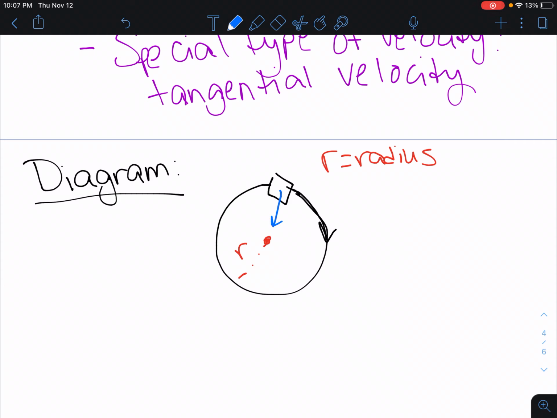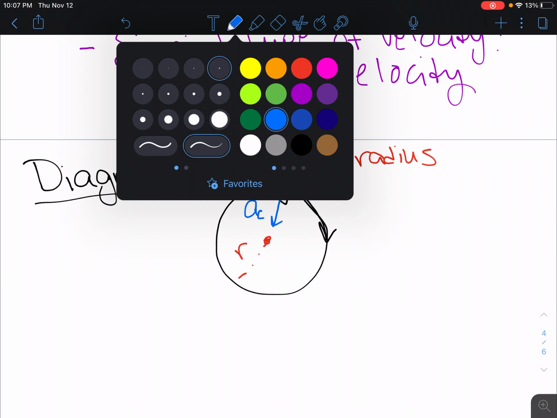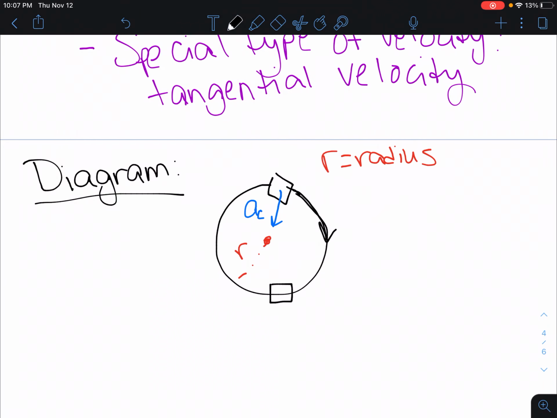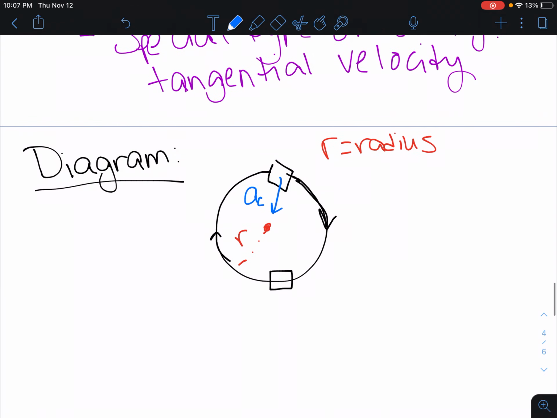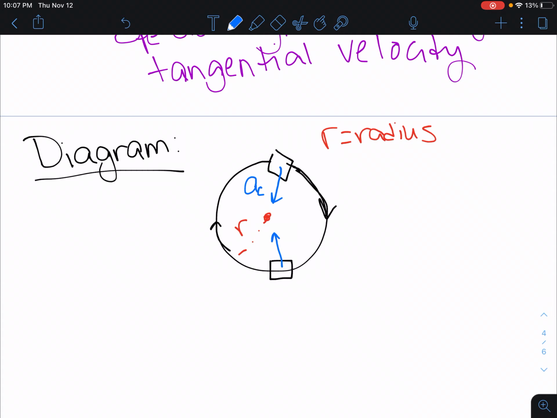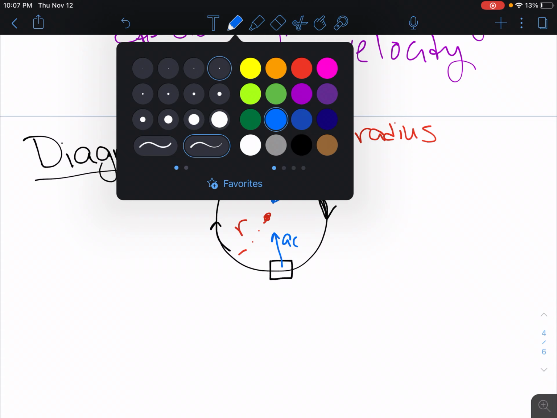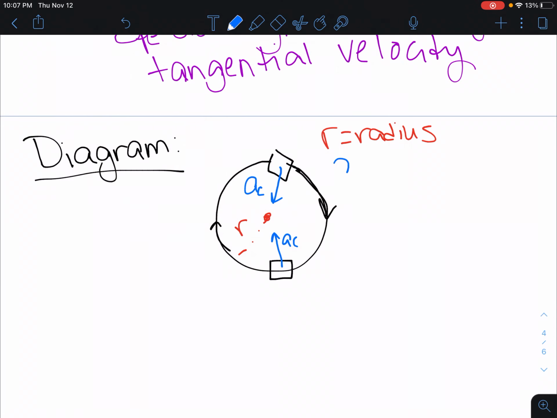So that means my acceleration is directed towards the center of the circle. So no matter where my block is, if we moved our block down to this position on the circle, then its centripetal acceleration again would be going towards the center of the circle. Okay. So let's go ahead and write that down over here.